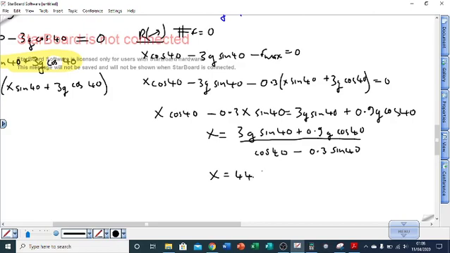So 44.8 newtons. That's our answer to B.